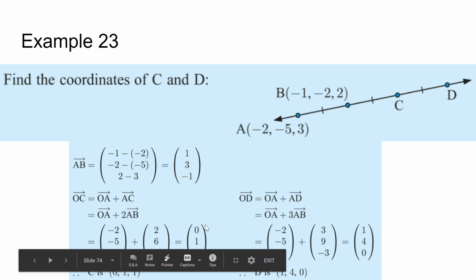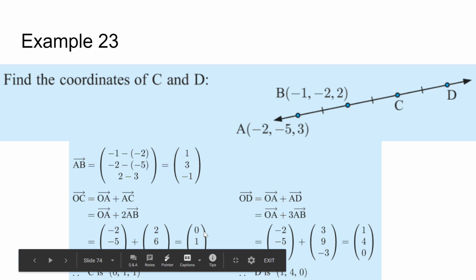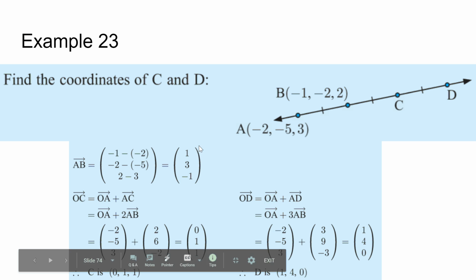So there, that gives me point C is 0, 1, 1. Apply that same AB vector to point C, and I'll end up getting whatever point D is. So I'll do that. I end up getting 1 plus 1 is 1. Notice there's the 1 right there. 3 plus 1 gives me 4. Negative 1 plus 1 gives me 0.